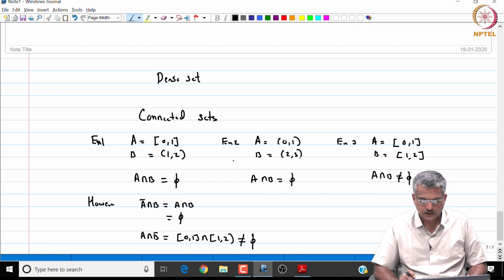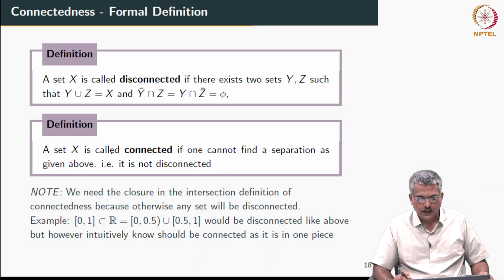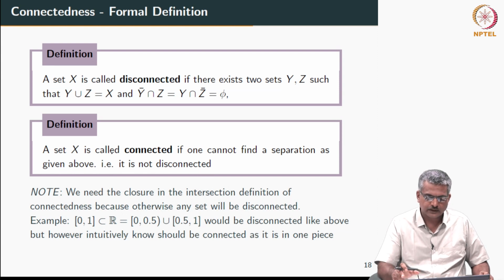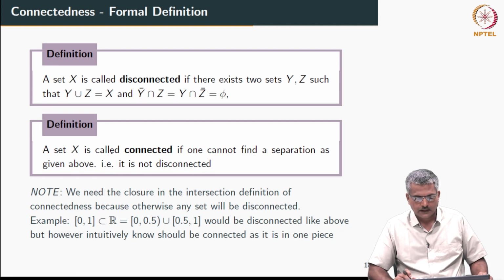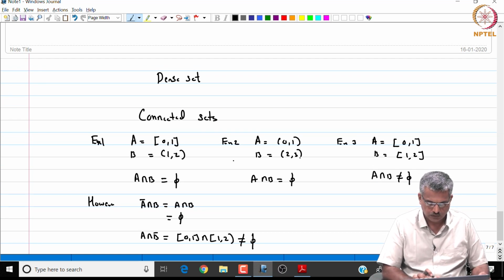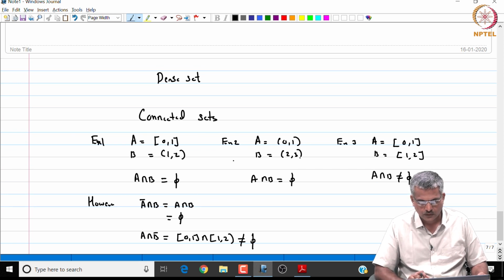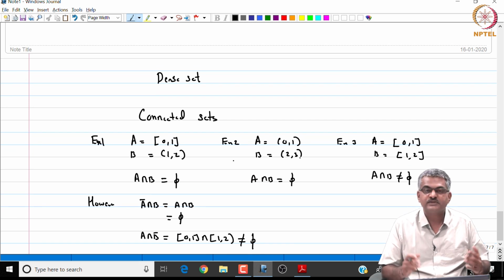So, let us go back to the definition. Are A and B disconnected? Well, for them to be disconnected, their intersections with the closures should be empty, and that is not true in this case, because you have a non-empty intersection with one of the two cases, right. So, A and B are not disconnected. So, that means they are connected.